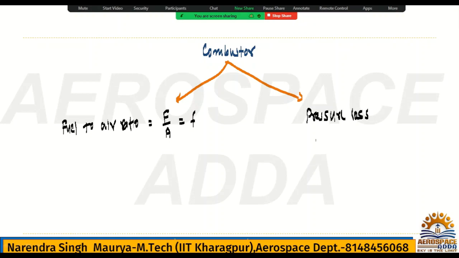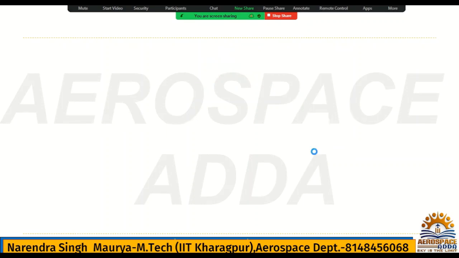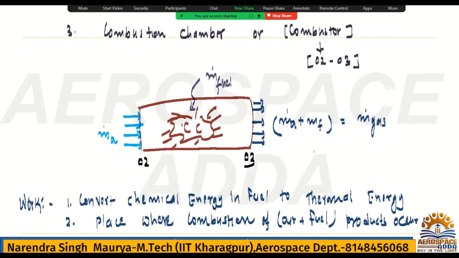Let me explain the pressure loss directly. Pressure loss is nothing but delta P. Check the numbering: P naught 2 and P naught 3. What is the pressure loss? When I explained the thermodynamic cycle, I said it is based on the Brayton cycle.